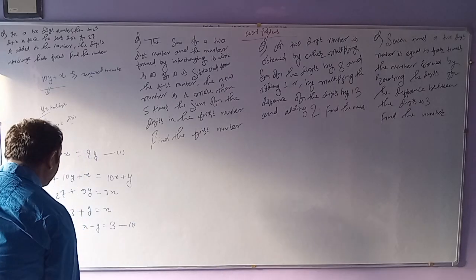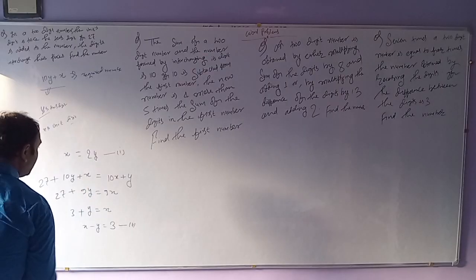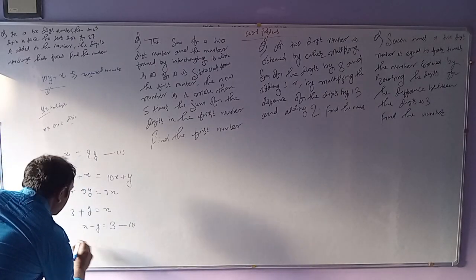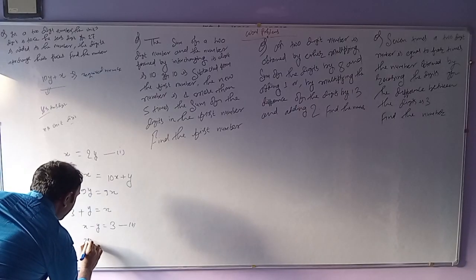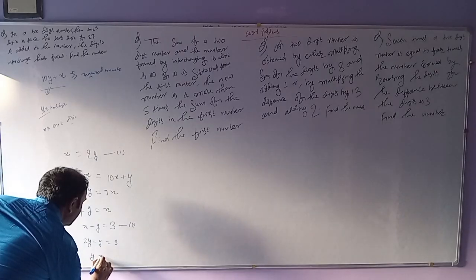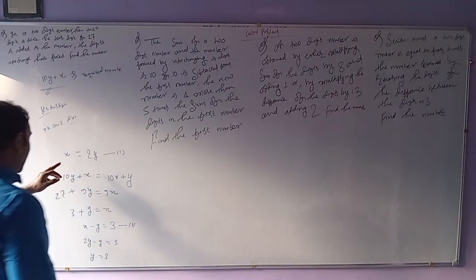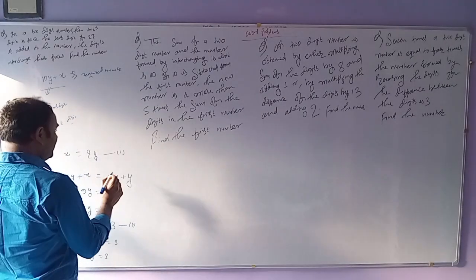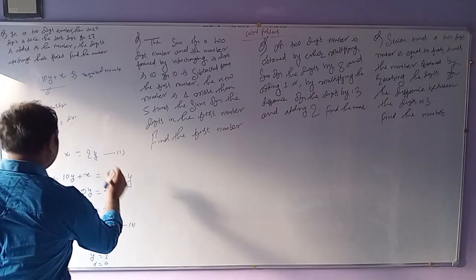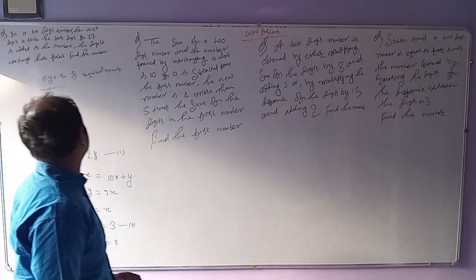Then second, we put the value of x in the second equation, then 2y minus y is equal to 3, y is equal to 3, and x becomes 6 when we put the value of y in equation first.